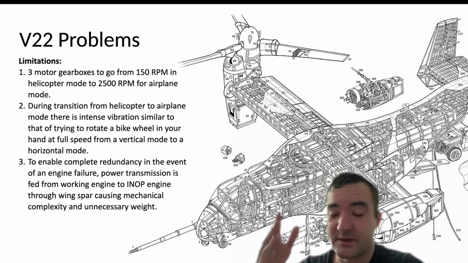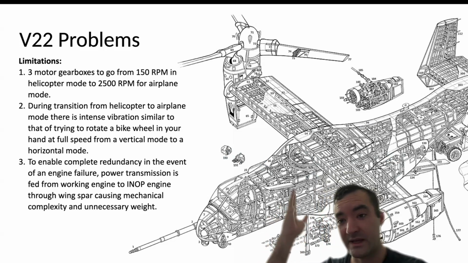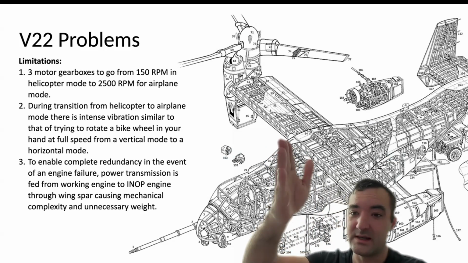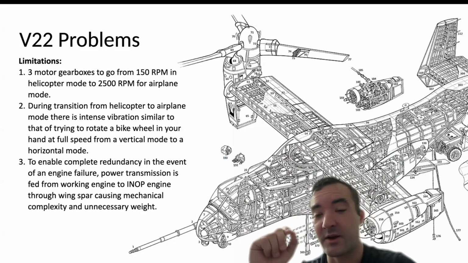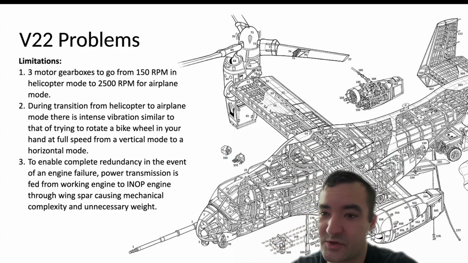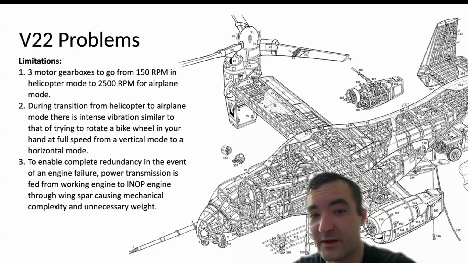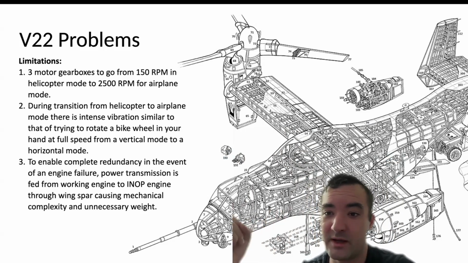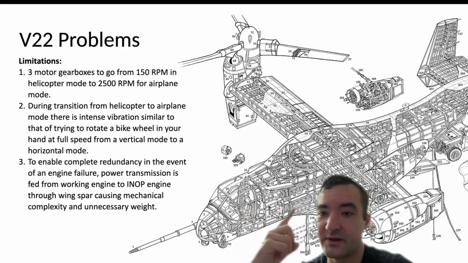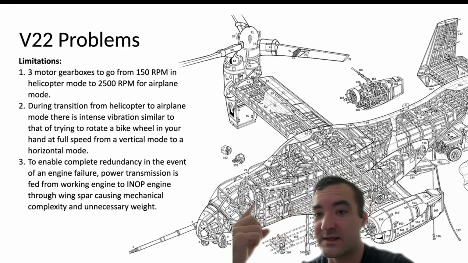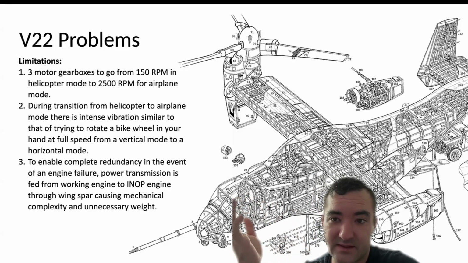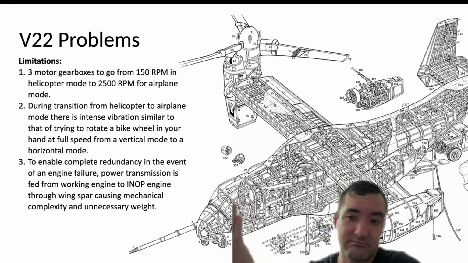So whenever the aircraft is going from helicopter mode or taking off in a vertical lift formation and then transitioning into airplane mode, there are three gearboxes that induce a ton of stress to get that propeller spinning from 150 RPM, which is perfect for hover. And if they go any faster than 150 RPM, then you start to get a prop wash, or it doesn't sustain lift as well as it should, and it just chews up gas.